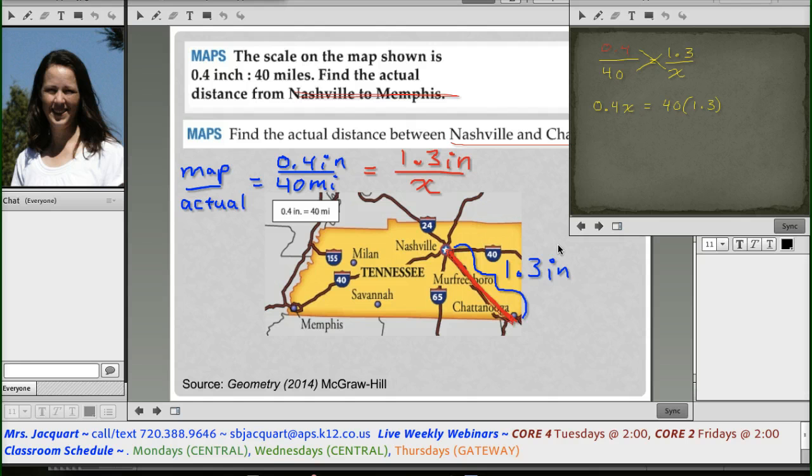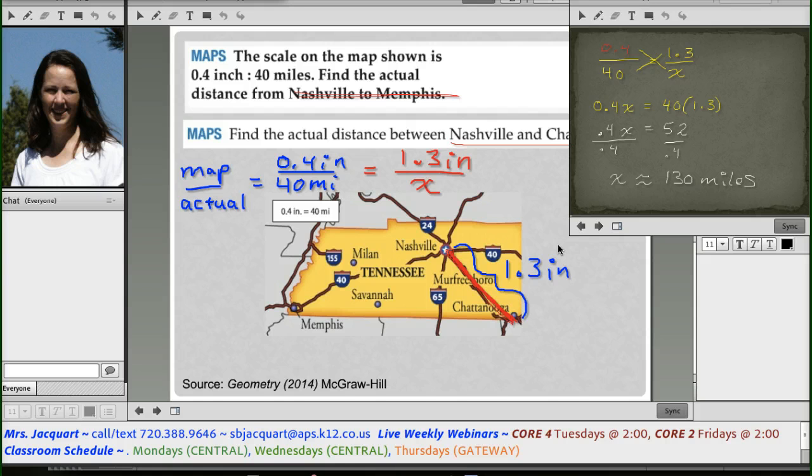Let's multiply this out. 40 times 1.3 equals 52, which equals 0.4x. Divide by 0.4. And so x is approximately 130 miles.